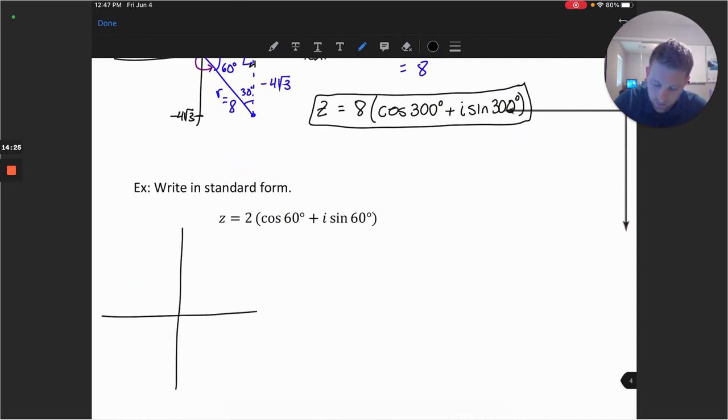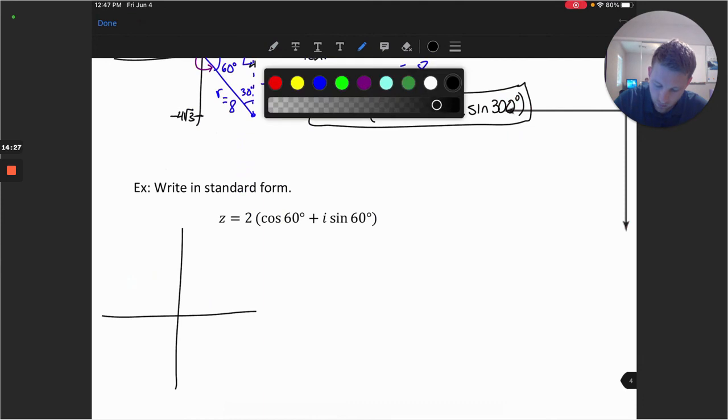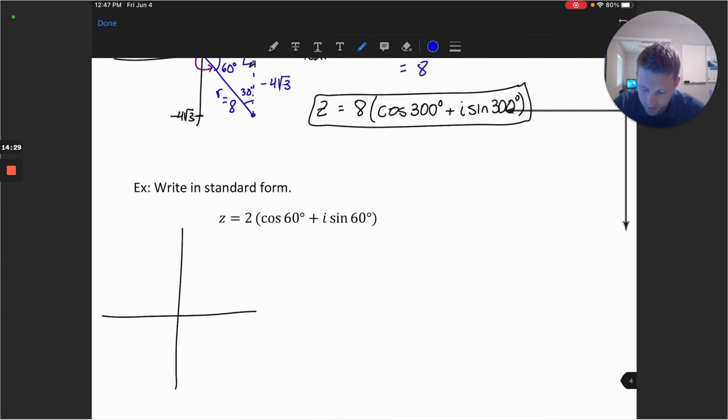The modulus for our vector is 2, and it's coming at a 60-degree angle. So our modulus is 2, argument is 60, so we're in the first quadrant here. And this is of length 2. And we have a 60-degree angle. So that's our picture so far.